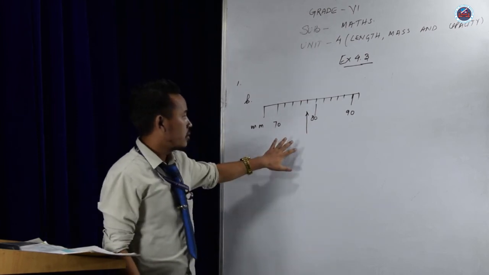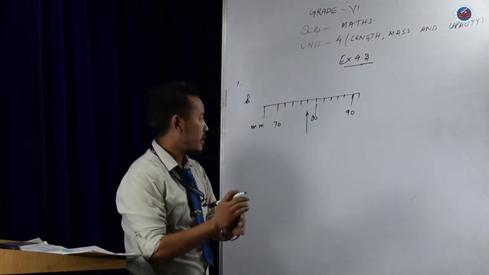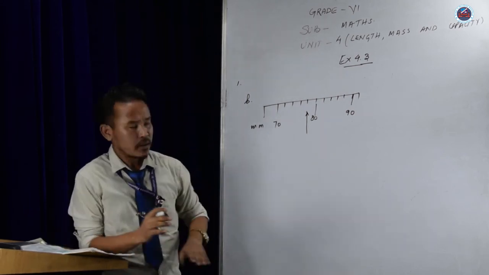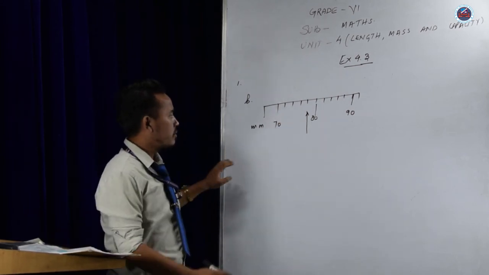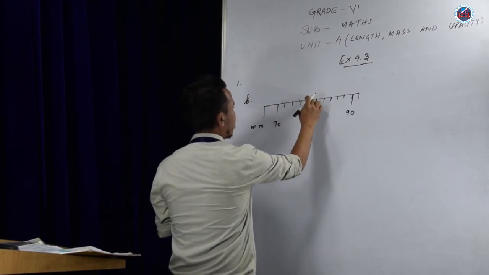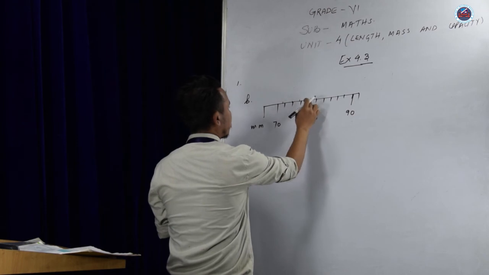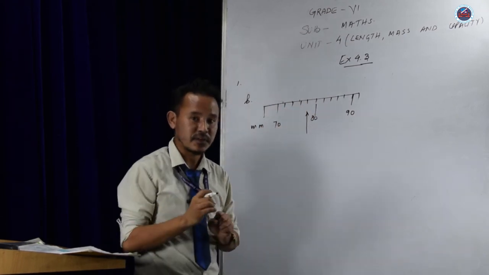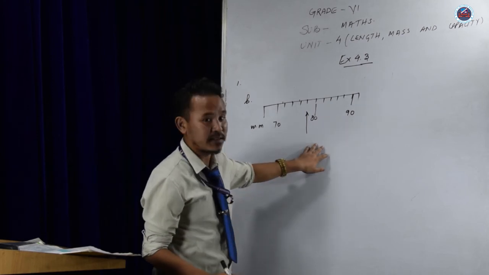Now, what you have to remember is, you can see there are 5 divisions: 1, 2, 3, 4, and 5. There are 5 divisions between 70 and 80.